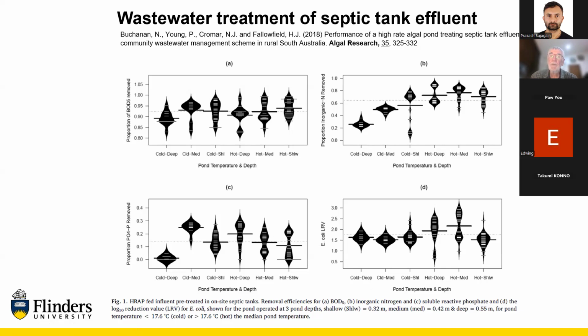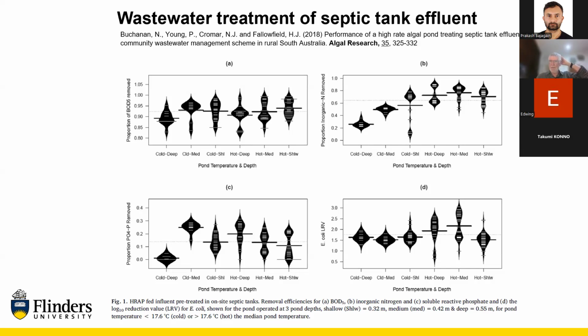No. So one of the experiments that we've got some data on, but we've never published, concerns the control parameter for a high rate pond, or for any pond really. I don't know how much Jeremy has introduced you to photobioreactor design.